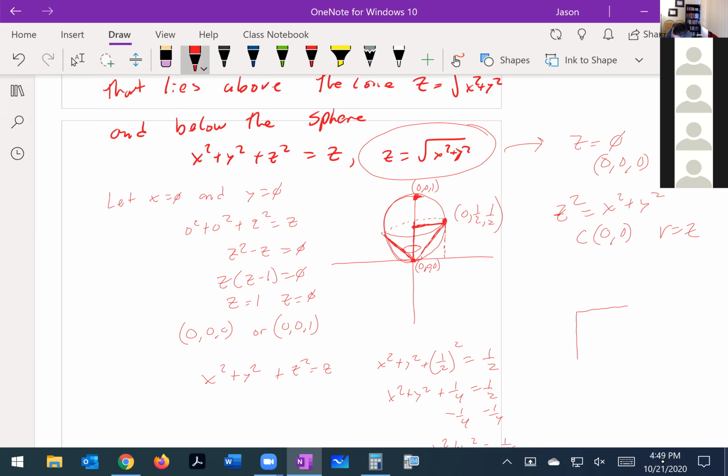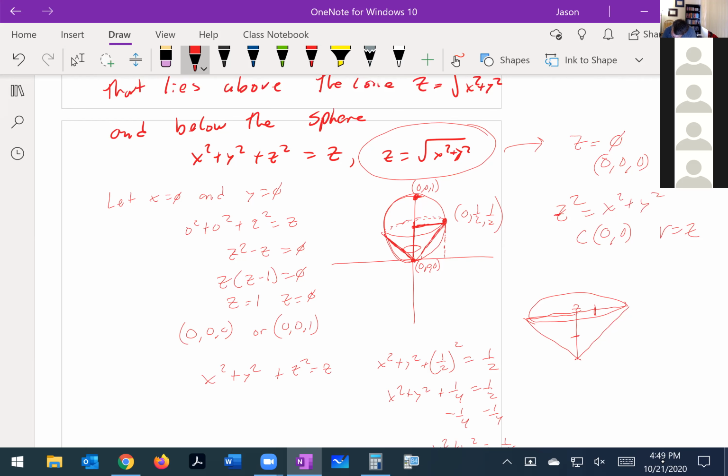You've got basically an isosceles triangle that's creating your cone, right? That's an isosceles triangle because the height, z, and the width, radius, are the same. Oh, that's kind of cool. So we want everything that lies above this, but below the sphere.